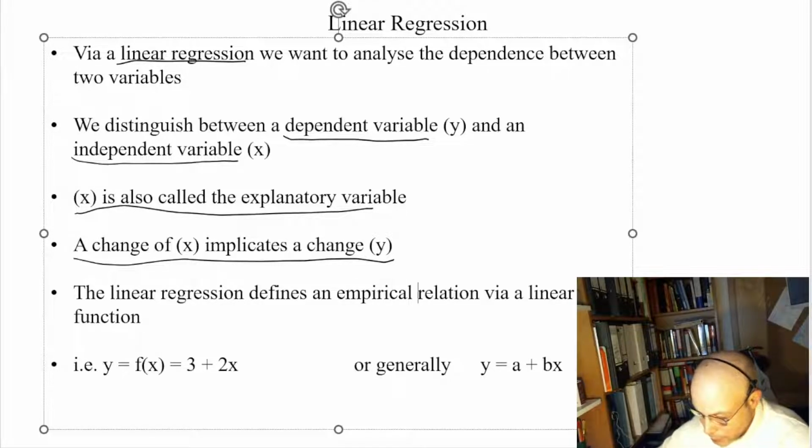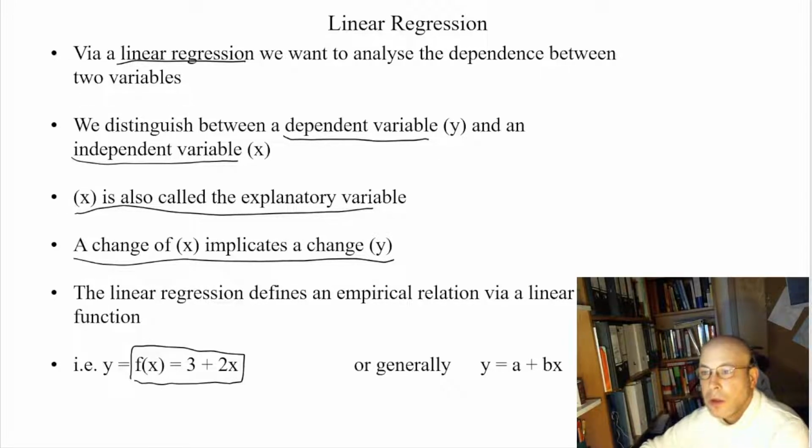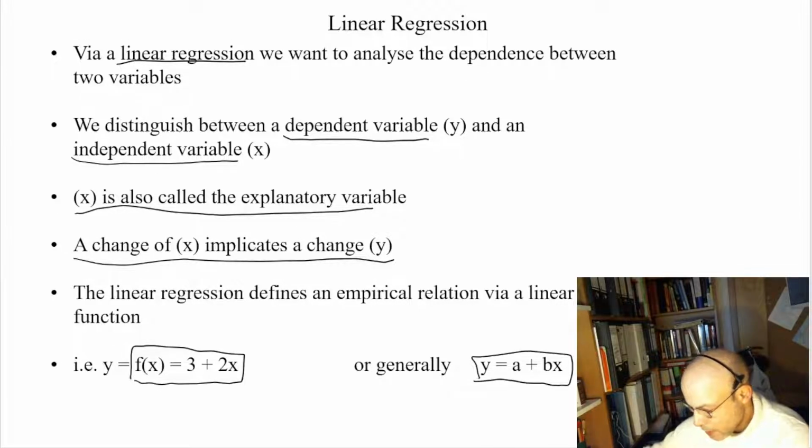And what we do is that we want to have an idea which kind of linear function, for example 3 plus 2x, we shall use for our data, or of course in general y equals a plus bx.